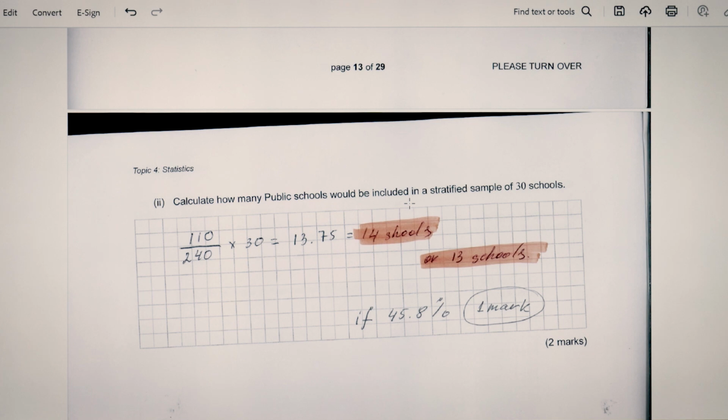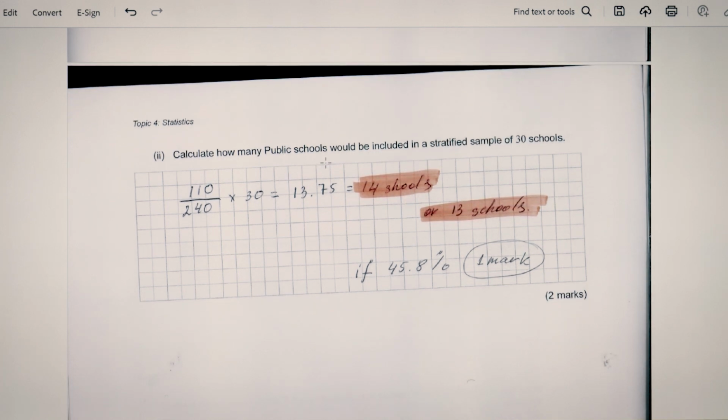And the last question, calculate how many public schools would be included in the stratified sample of 30 schools. It's 2 marks. Again, the calculations, and as with the bins, we want the whole number of schools.